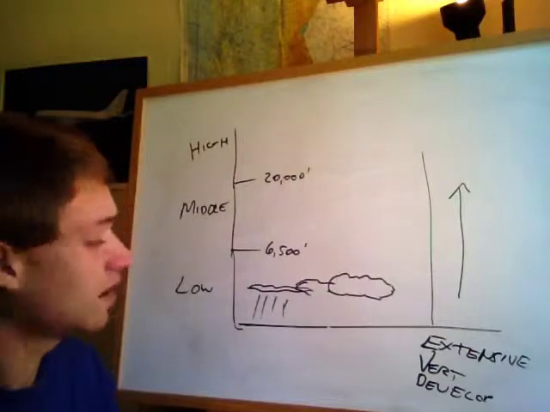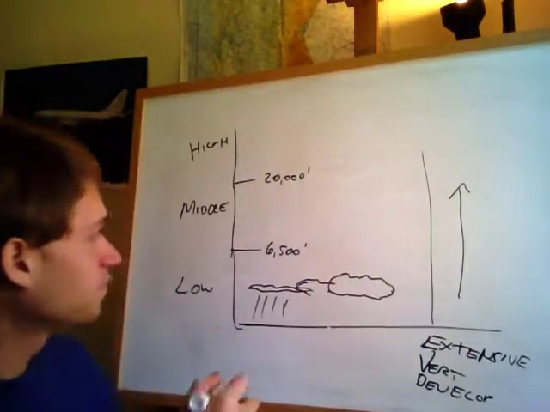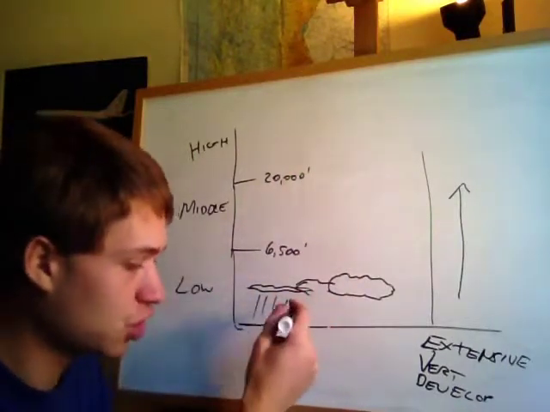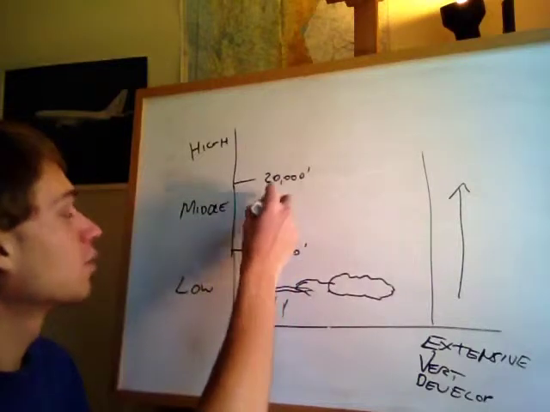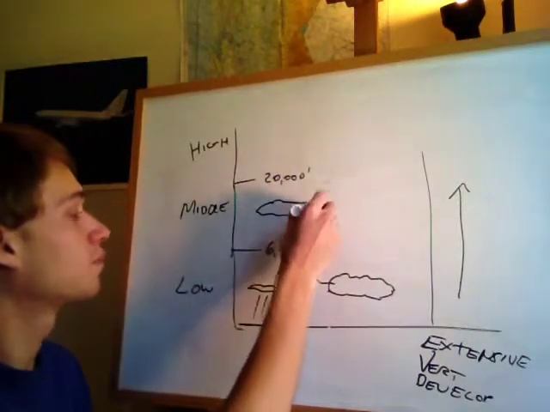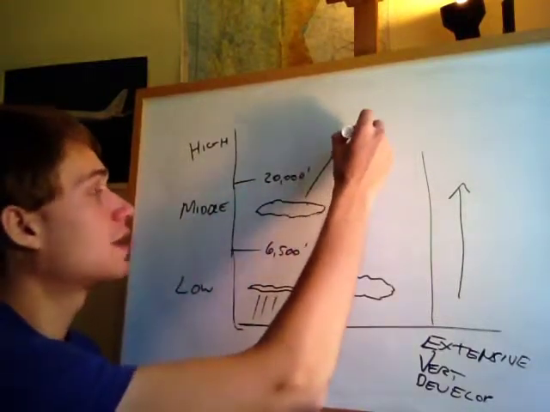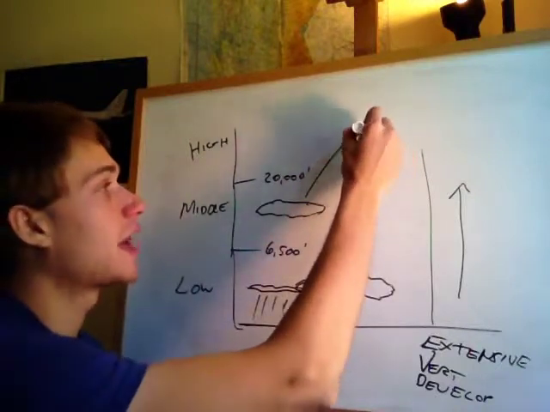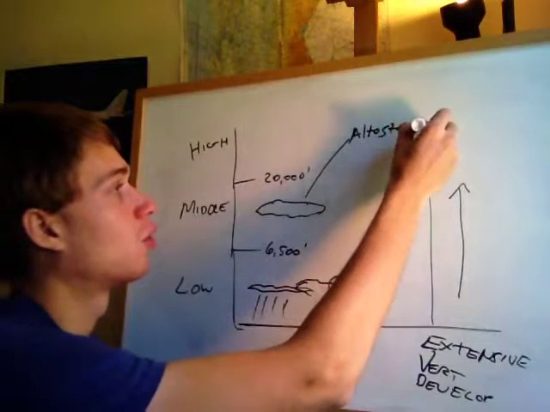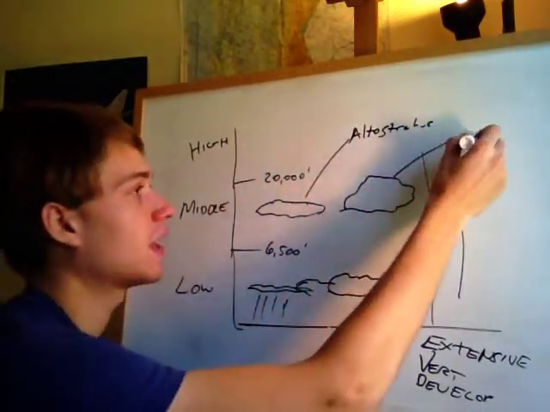If you go up higher to the middle clouds, then you have some more hazards that show up. When you see descriptions of middle clouds, they actually have the prefix alto, so altostratus clouds or altocumulus clouds.